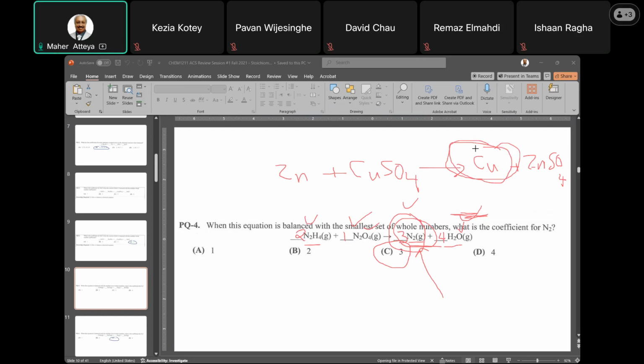Nitrogen comes in nature as diatomic. So nitrogen is orphan here by itself. It's kicked out of both the molecules here. So nitrogen is orphan, so this is a single displacement. So that's correct.